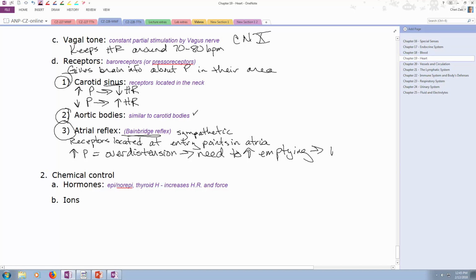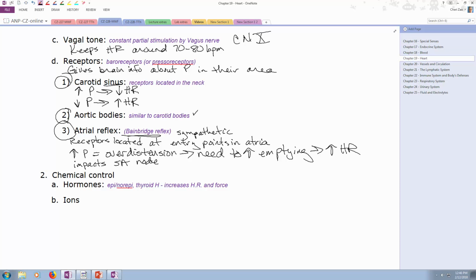And therefore, we will increase the heart rate in order to actually do this. It decreases congestion, or too much blood in one area of the heart. And this atrial reflex impacts our SA node. So the sympathetic nervous system will stimulate the SA node to actually increase the heart rate.